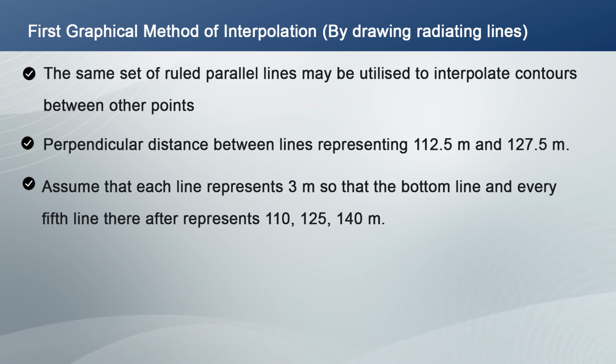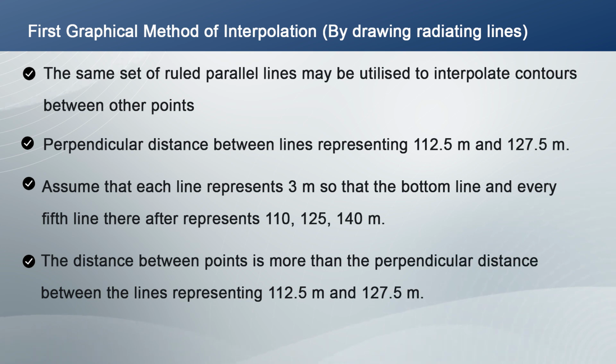Assume that each line represents 3 meter, so that the bottom line and every fifth line thereafter represents 110, 125, 140 meter, etc. Now the distance between points, which was less in the earlier case, is more than the perpendicular distance between the lines representing 112.5 meter and 127.5 meter.